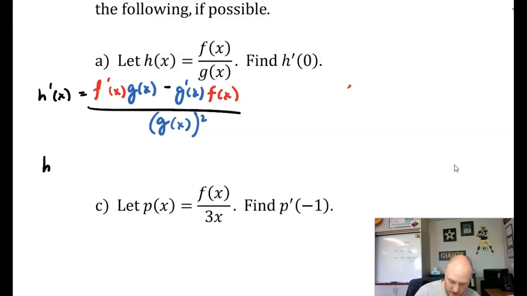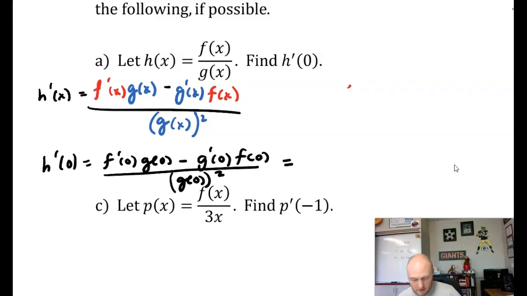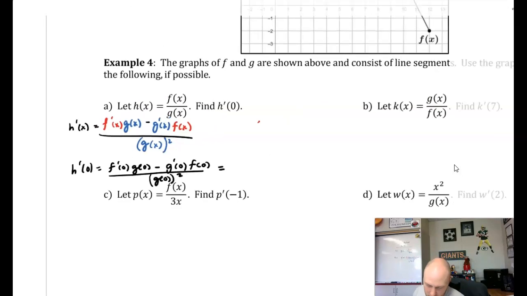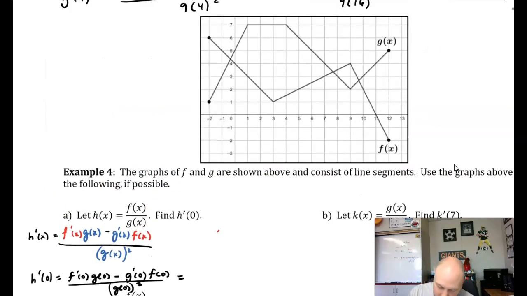Now we'll find h prime of 0, which gives us f prime of 0 times g of 0 minus g prime of 0 times f of 0, over g of 0 squared. Let's find this information. Since I have multiple graphs, I like to clearly identify them.